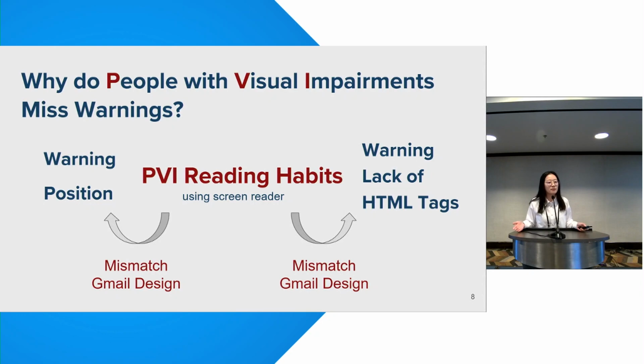First, people with visual impairments use screen reader to navigate through the web. However, the current email warnings lack the necessary HTML tags that correspond with the screen reader shortcut keys, like the next heading, next link we mentioned before. Second, these warnings are located in the parts of the screen that these users normally ignore.